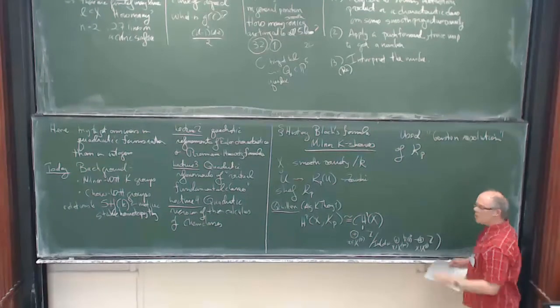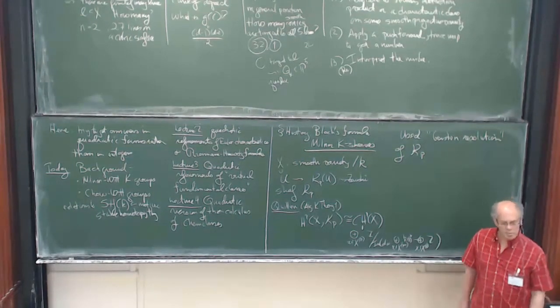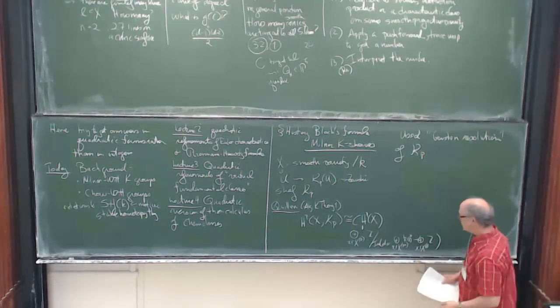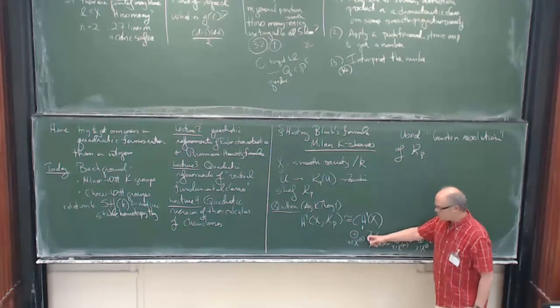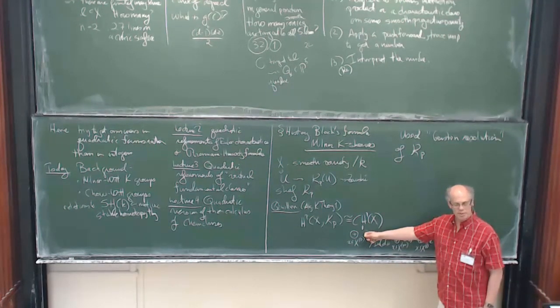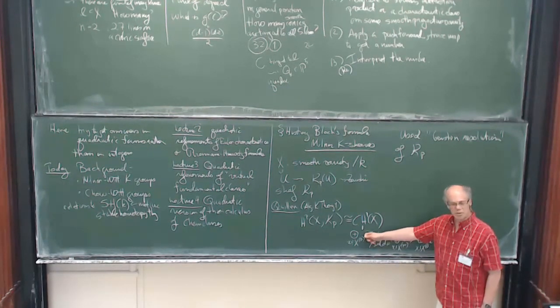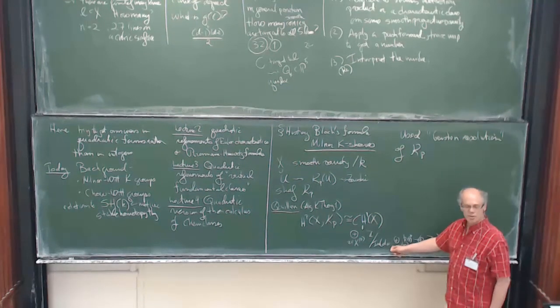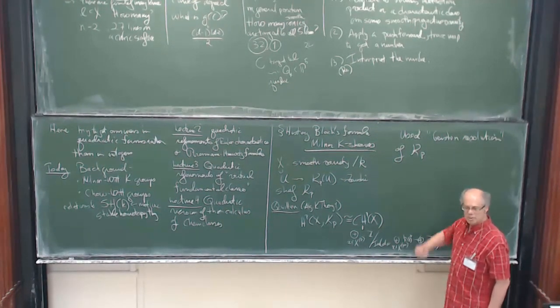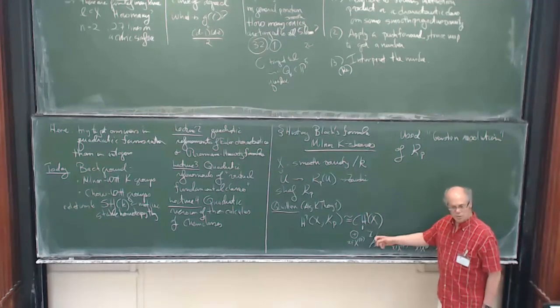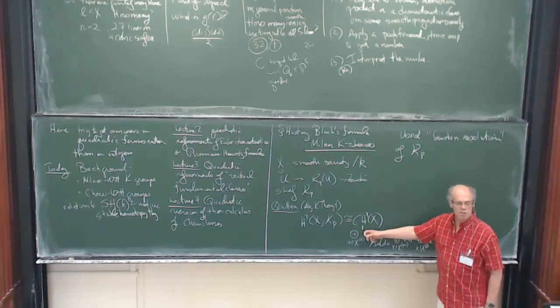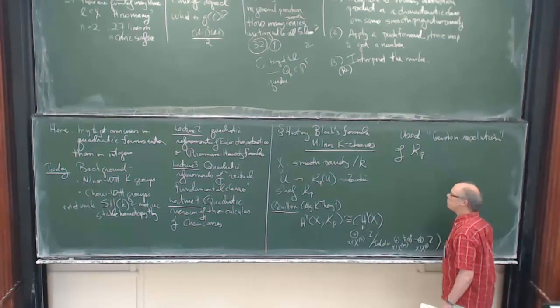I'm not going to say what this is, but there's a resolution of this thing by flasque sheaves, and the last term is essentially, when you take the global sections, you get this. The next to the last term gives you this, and the resolution by flasque sheaves gives you the Chow cohomology. It's exactly this.